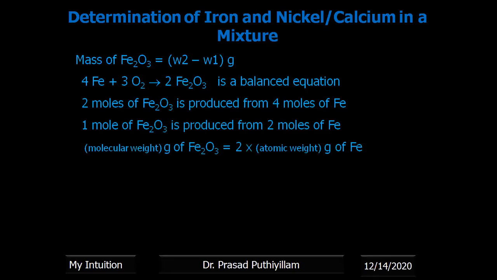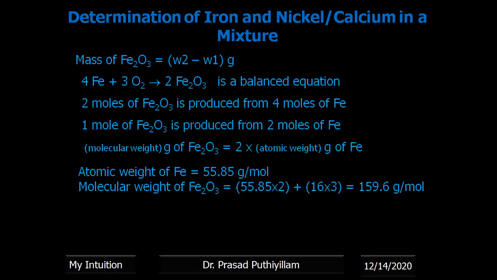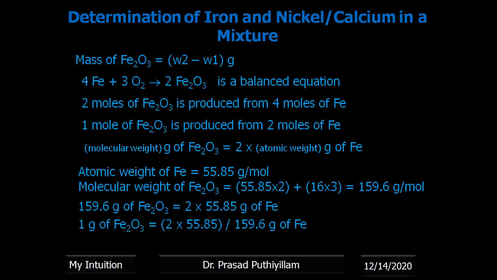So the molecular weight in grams of Fe2O3 will contain 2 times the atomic weight of Fe in grams. The atomic weight of Fe is 55.85, and the molecular weight of Fe2O3 is 159.6. Therefore, 159.6 gram of Fe2O3 contains 2 times 55.85 gram of iron. 1 gram of Fe2O3 will contain 2 times the atomic mass of iron divided by the molecular mass of Fe2O3.